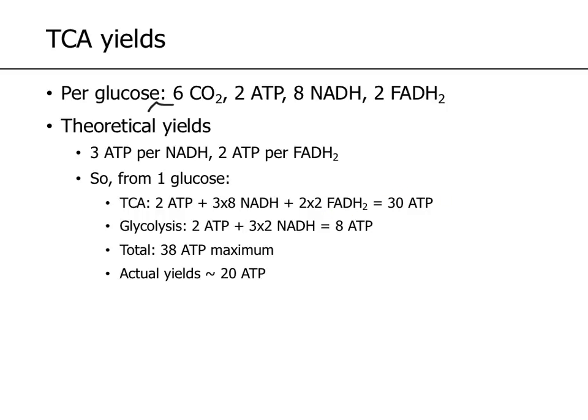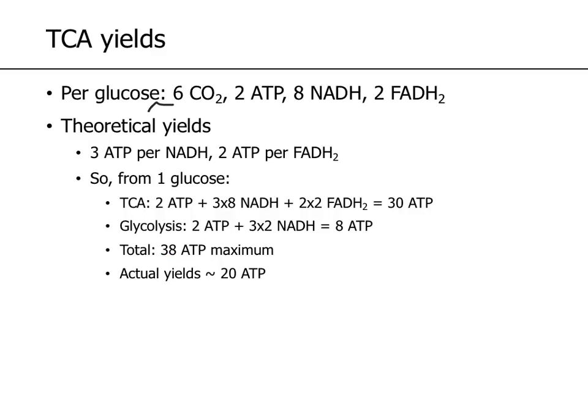So that's 30 ATP just from the TCA cycle. And we're trying to count per glucose, so you had already gotten 2 ATP from glycolysis and 2 NADH from glycolysis, and so that's another 8 ATP. So a total theoretical maximum ATP per glucose, you can get 38.